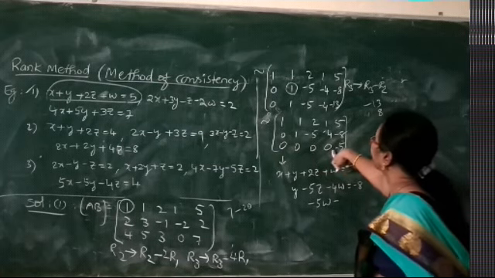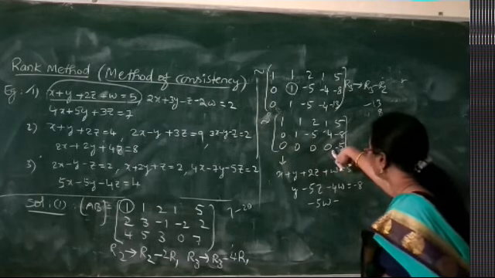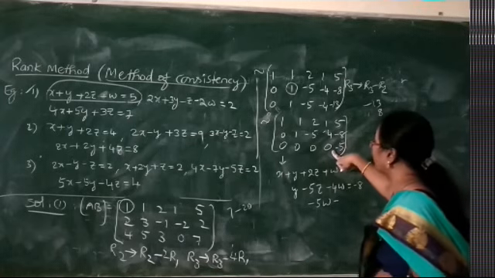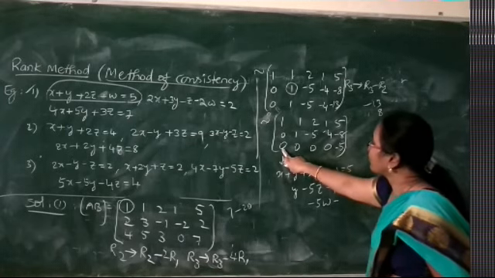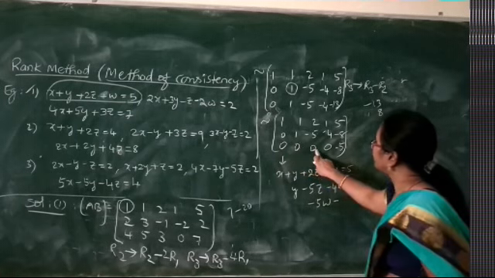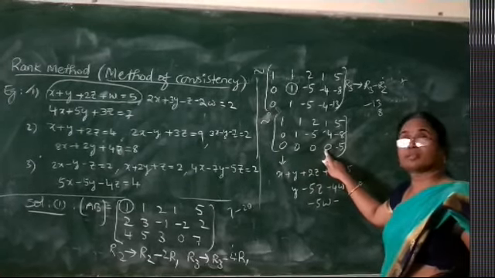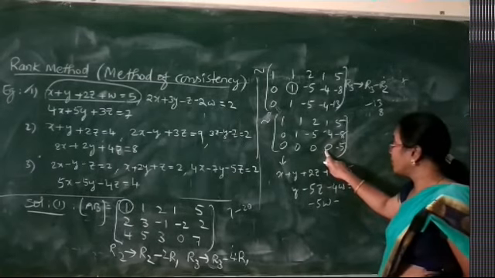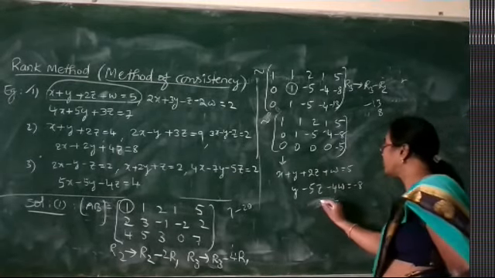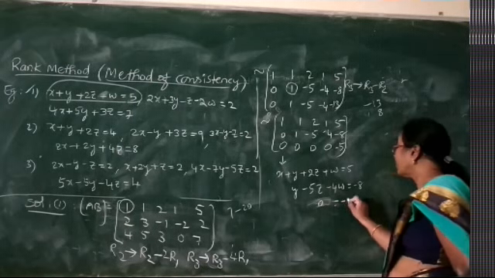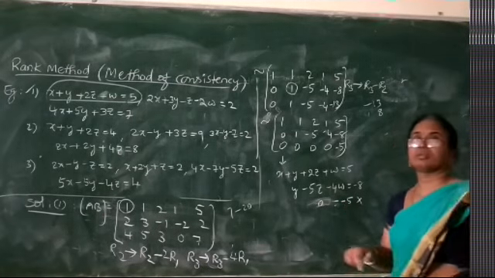From the echelon form we need to write the ranks, because look at the last row: it is 0x, 0y, 0z, 0w. All the coefficients of the variables are 0, and that should be equated to the value minus 5, which is impossible.